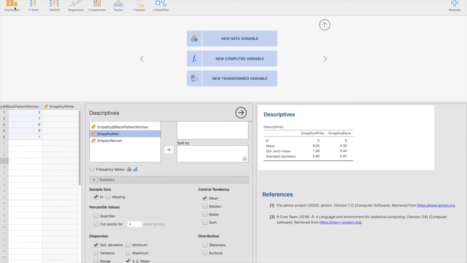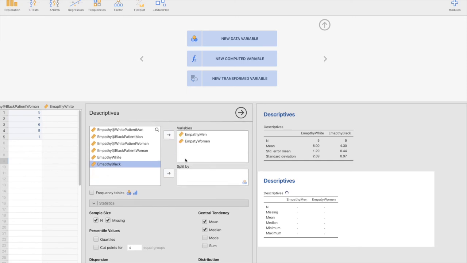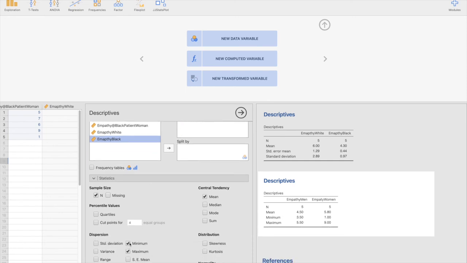So now I'm going to get my explore descriptives, my descriptives for patient gender while ignoring patient race. It's the same thing. I enter in those 2 columns of data. Make sure I click everything I want, but now I have the mean empathy for men and the mean empathy for women.